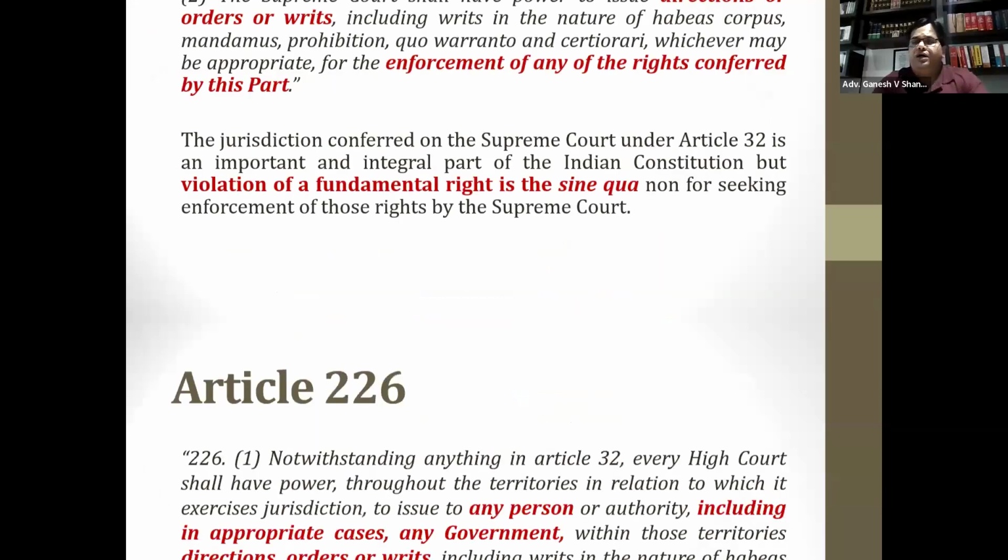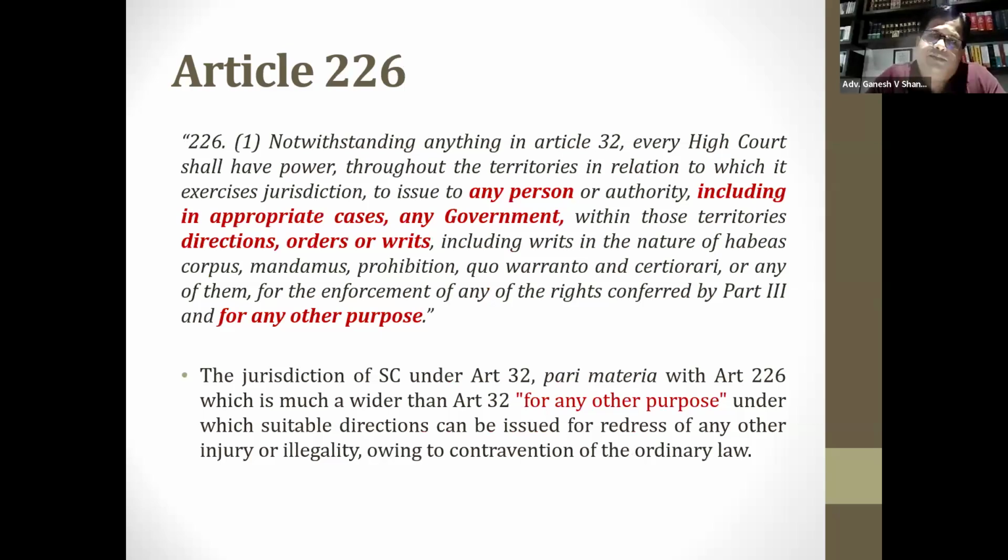Coming to Article 226, which most of us in GST or any tax matter use to approach the jurisdictional high courts whenever any order or show cause notice is issued under these laws, the case we make out before these high courts is a violation of fundamental rights, or most of the time a violation of the principles of natural justice.